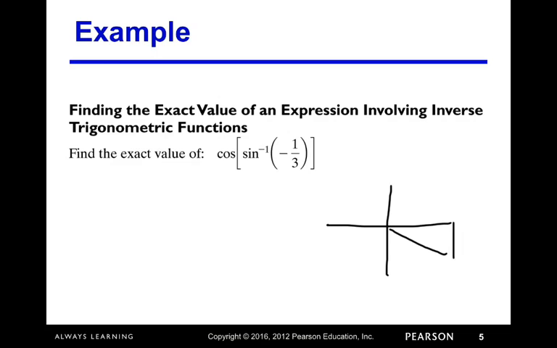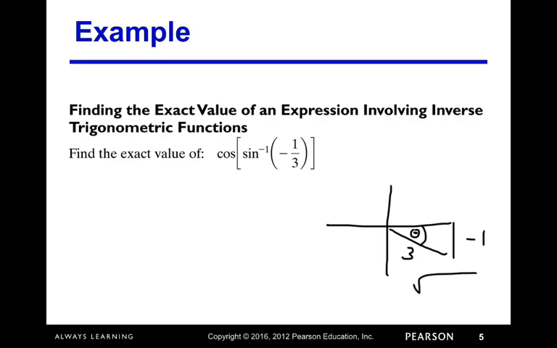Sine is -1/3, opposite over hypotenuse. This will be your angle. Okay, it's not a very good theta. Let's see if I can draw a better theta. There's a theta. Okay.